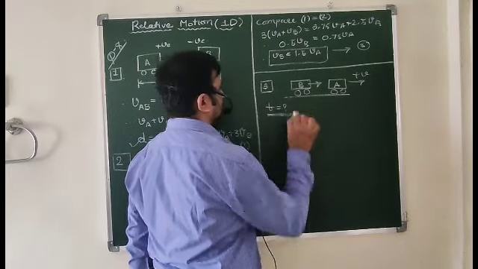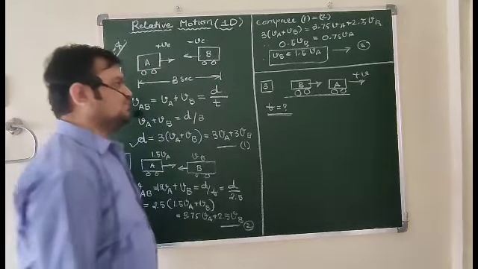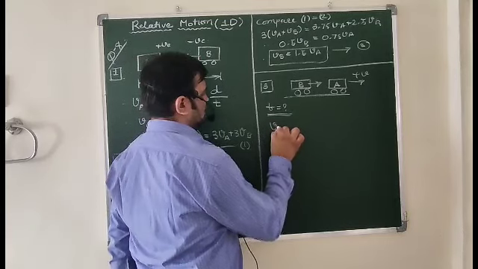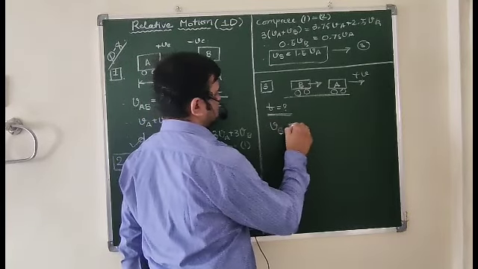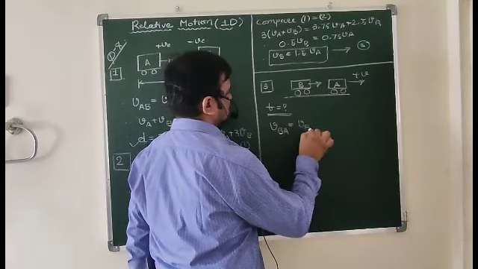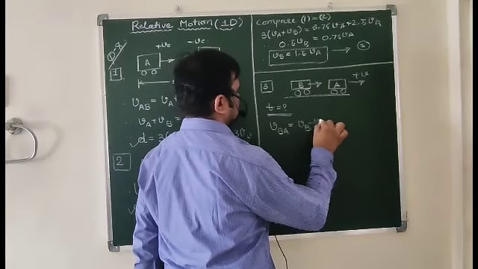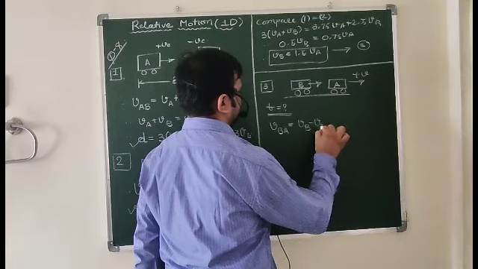Now the relative velocity of train B with respect to A, that is VB minus VA.